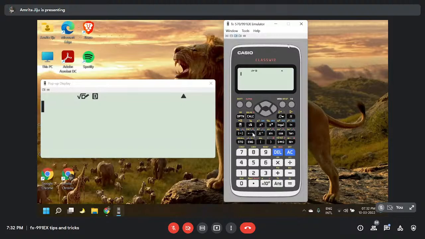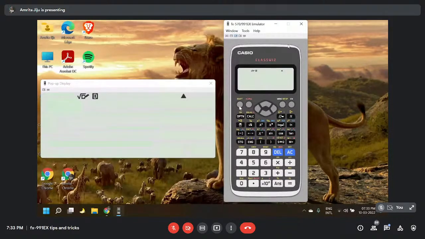And coming to this, it is actually the degree-minute-second button. Basically, you just click 2 and the degree symbol. It's going to give you 2 hours 0 minutes and 0 seconds. Say, let's see a mixed fraction.